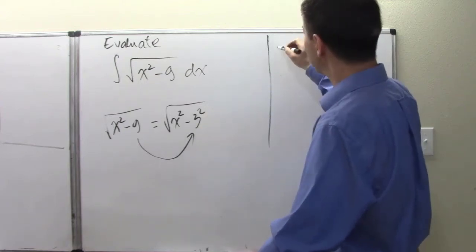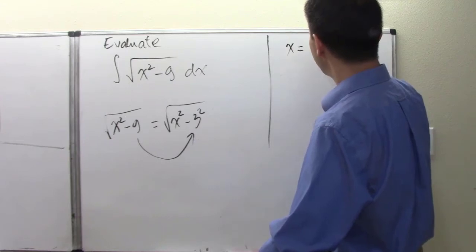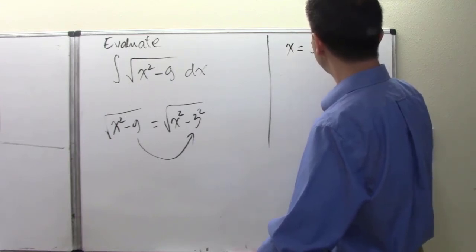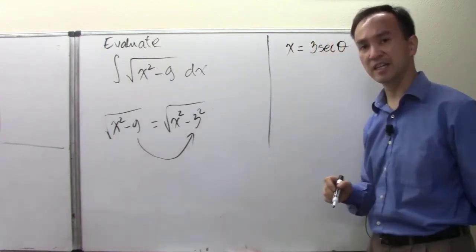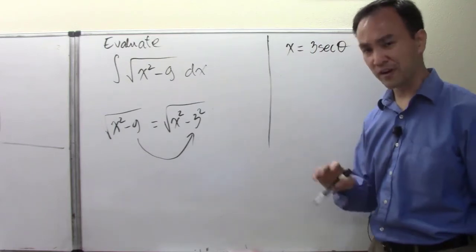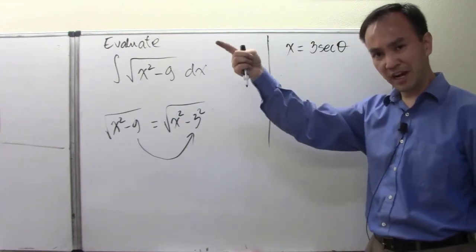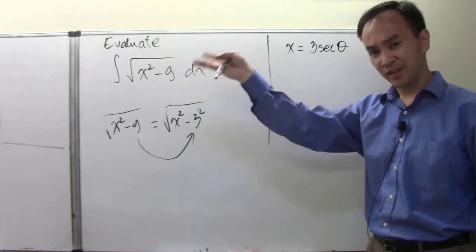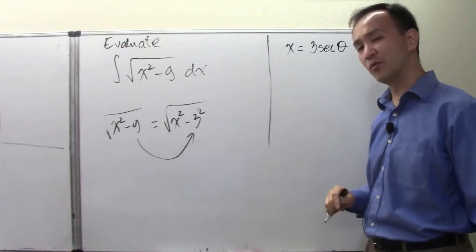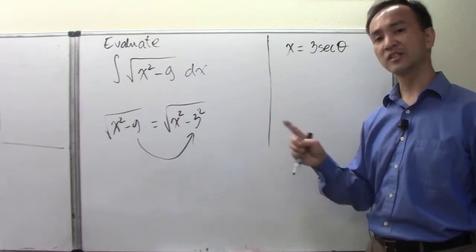So here I'm going to write my variable x as 3 times secant theta. Secant is another way of using a trig substitution. So up to this point, you have learned 3 different ways. We learned about substituting our variable with sine theta, then we learned to substitute our variable with tangent theta, and now we learn to substitute the variable with the secant of theta.